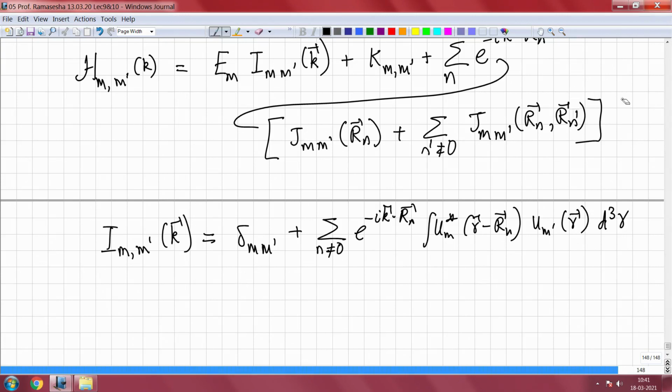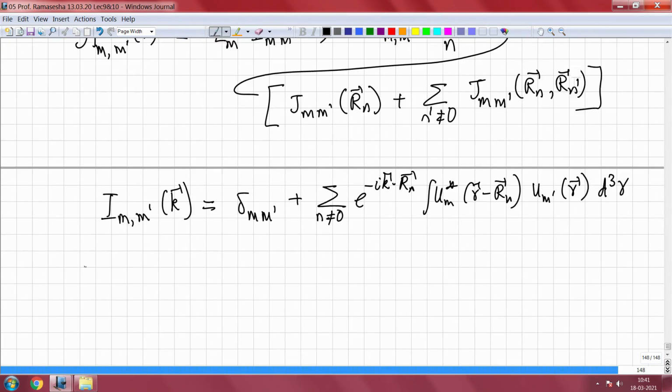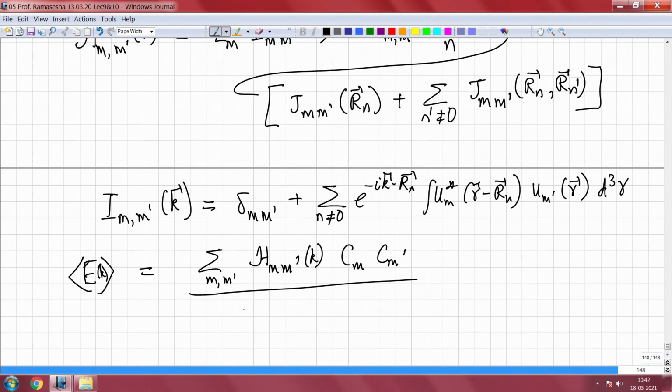and then the energy integrals on top. So if we minimize this whole thing, what you get for E of k would be sigma over m m prime, C m star C m prime H m m prime k, divided by delta m m prime plus sigma over n not equal to 0 e to the ik dot Rn.